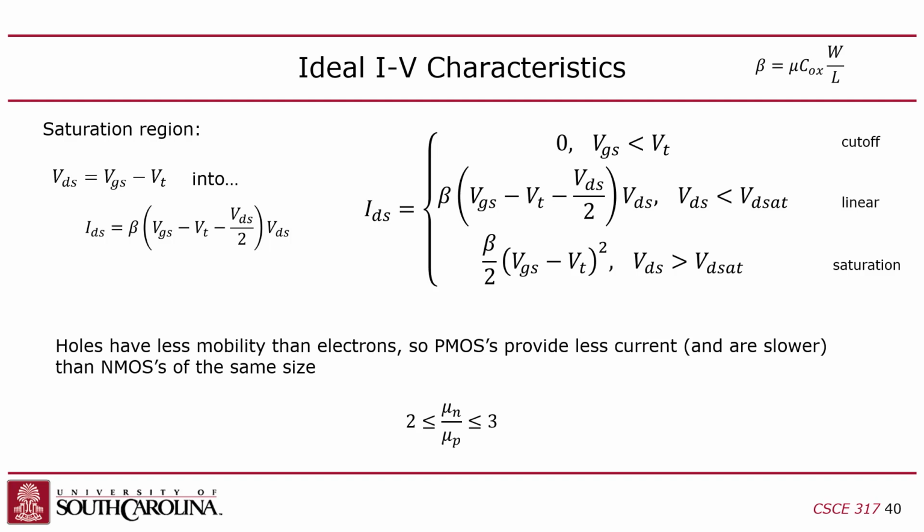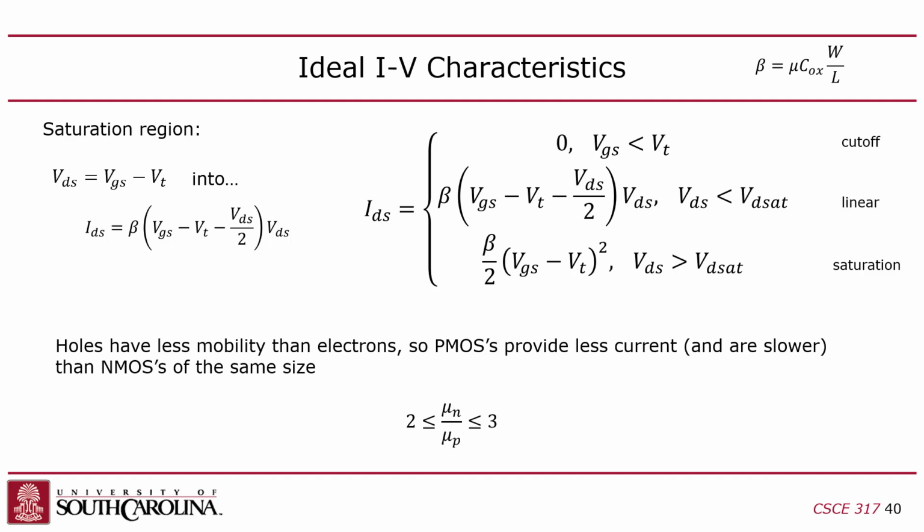When I switch the pull down network on and the pull up network off, right after I do that, my source-drain voltage drop is basically going to be VDD. I'm going to start out with a heck of a voltage drop, because the gates that I'm driving are at 1, and I have to pull them down to 0. So I'm going to go into saturation mode almost instantly right after I transition.